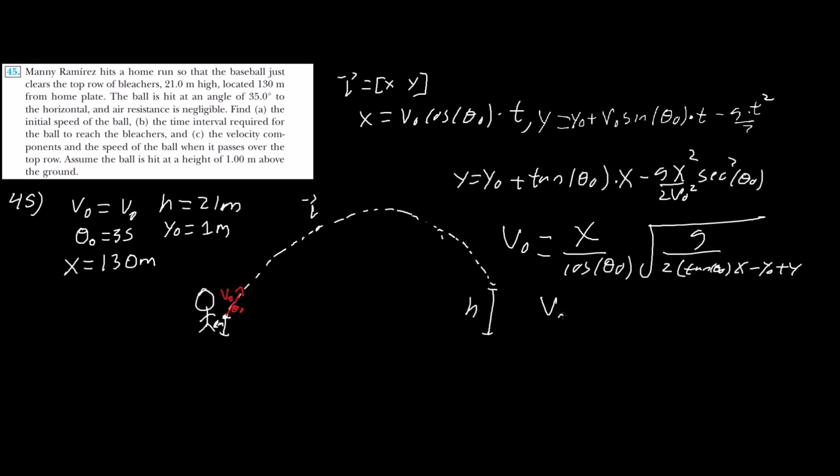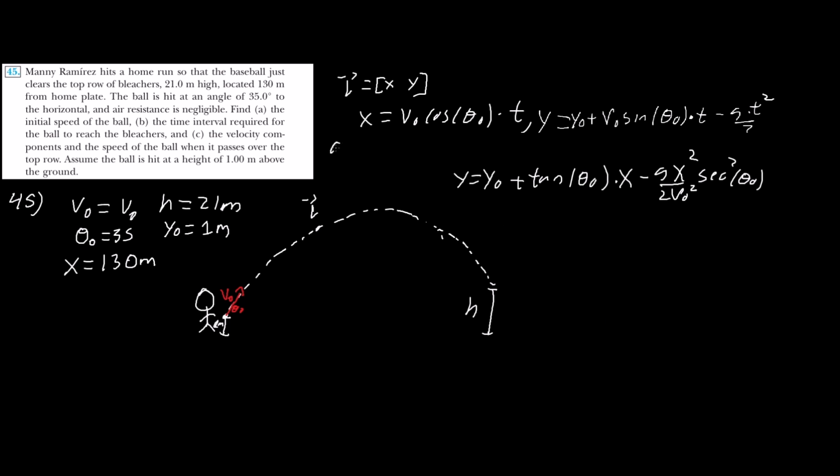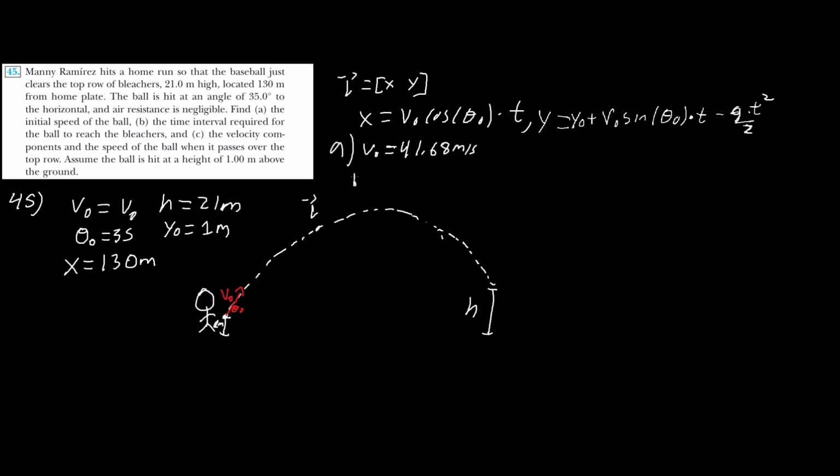Once you do the calculation, you should have 41.68 meters. Beautiful. So the answer for part A: the initial velocity is 41.68 meters per second.